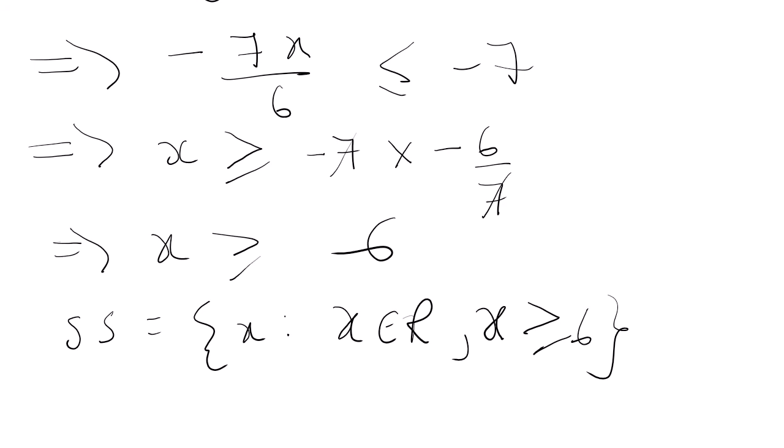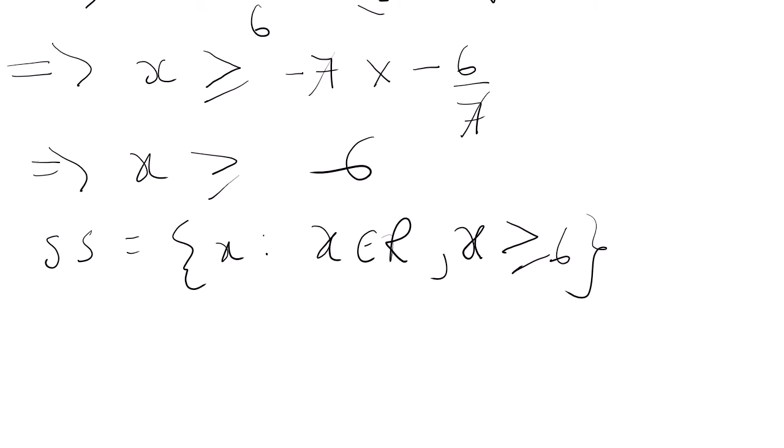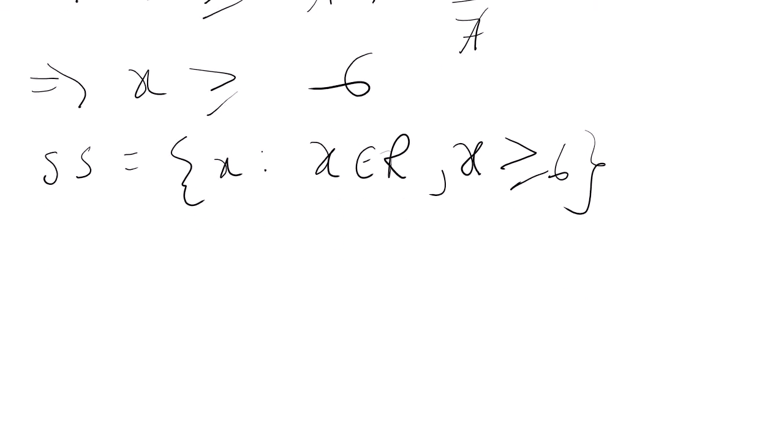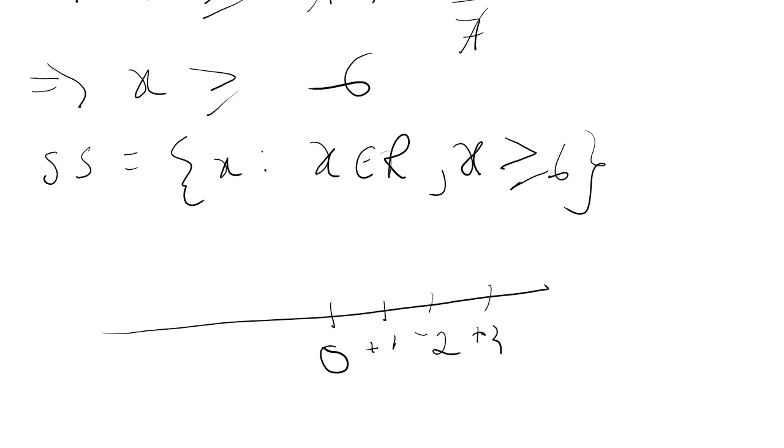And suppose you are asked to show it on the real number line. Now the real number line, as I told you, has negative numbers as well as positive numbers, whole numbers as well as fractions, as well as decimal numbers. So you have to put the 0 in between. This side you have positive numbers, plus 1, plus 2, plus 3, plus 4, plus 5, plus 6, plus 7.